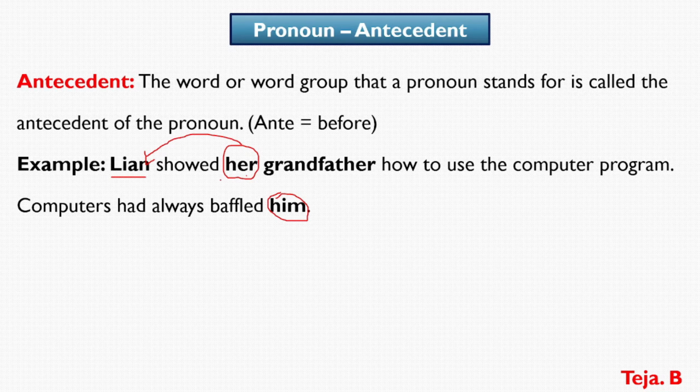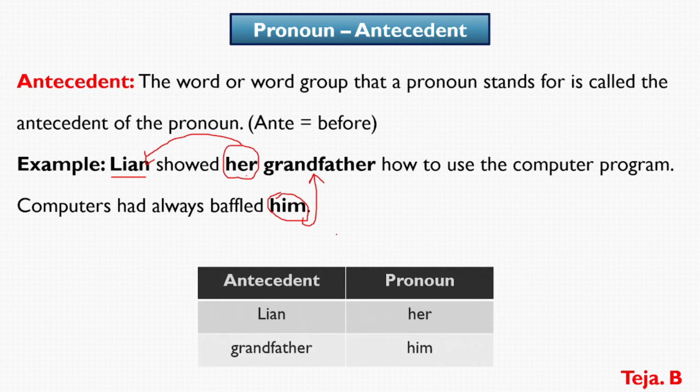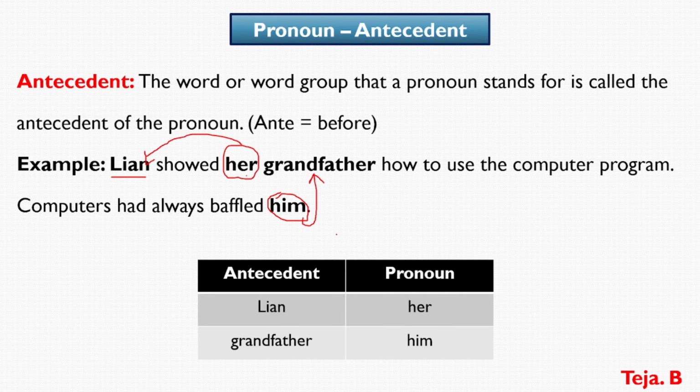Therefore, Leon is the antecedent of the pronoun her. Him is a pronoun which is used in the place of grandfather. That's why grandfather is an antecedent. See here, Leon is the antecedent, her is the pronoun. Grandfather, antecedent, him is the pronoun.